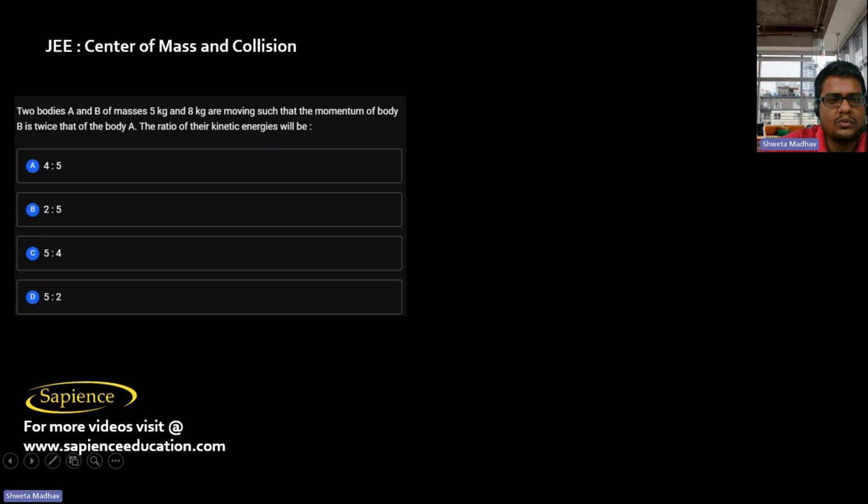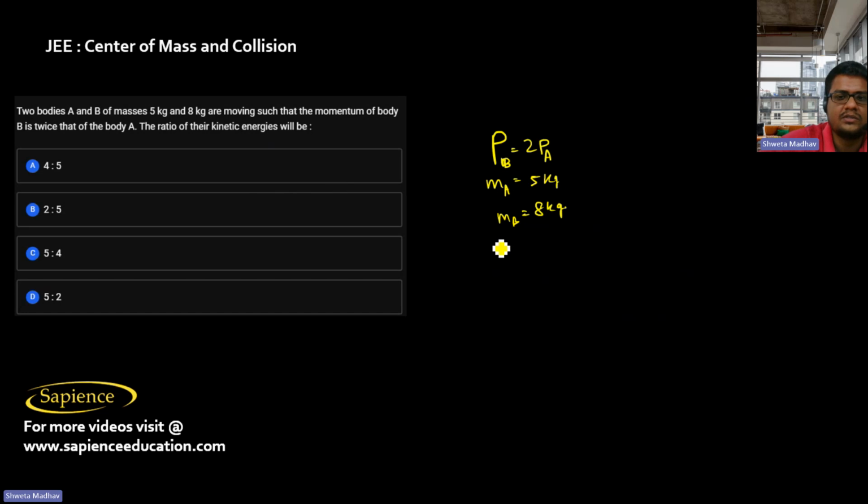Then it is told two bodies A and B of masses 5 kg and 8 kg are moving such that the momentum of body B is twice the momentum of body A. The masses of A and B are 5 kg and 8 kg. So MA is 5 kg, MB is 8 kg.